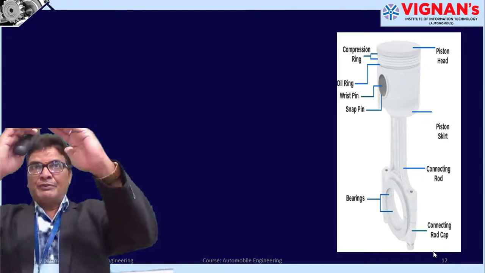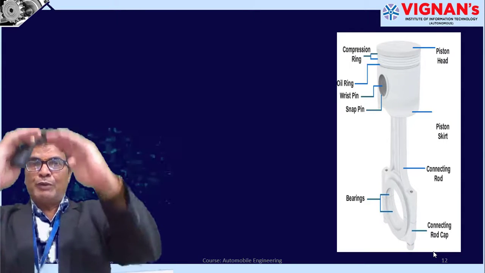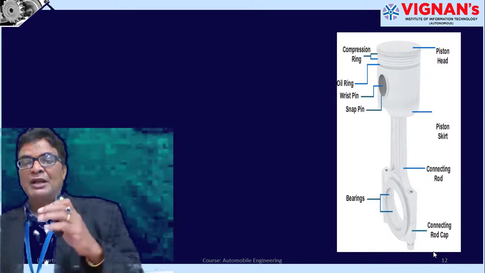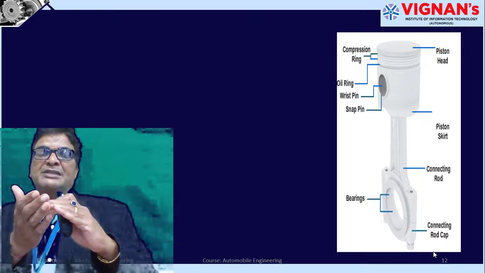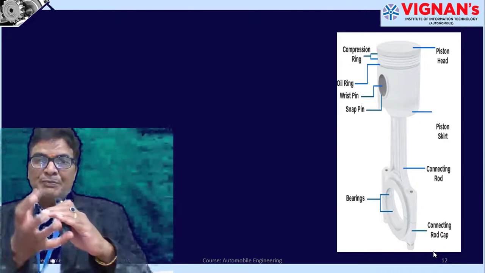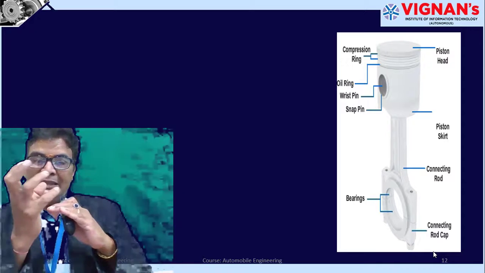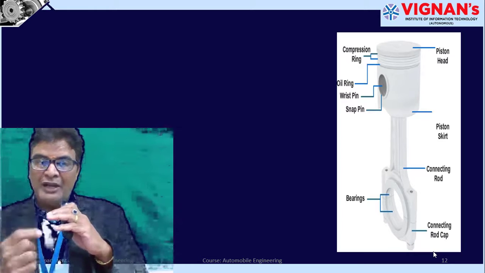When the piston comes down from the top dead center to the bottom dead center, the lubricating oil is pushed onto the piston. This splashing of the lubrication oil is caught and settles inside the slots in the oil ring.